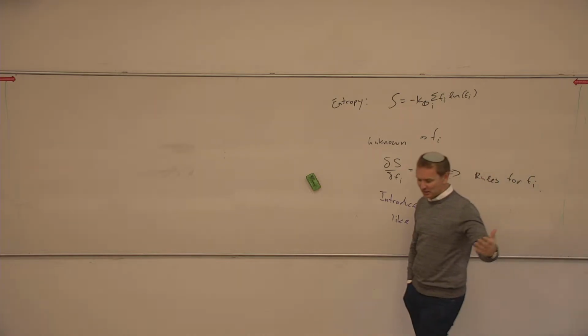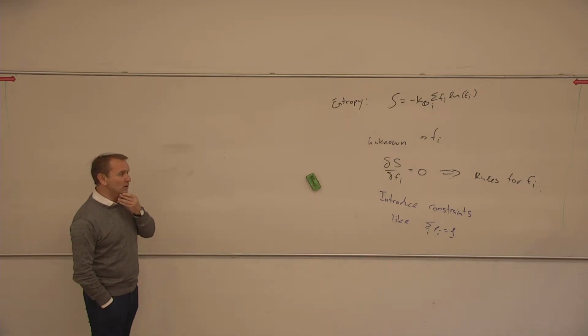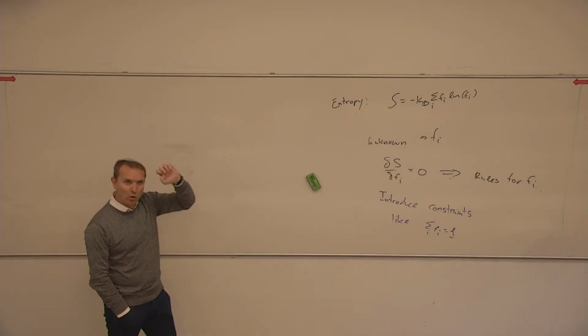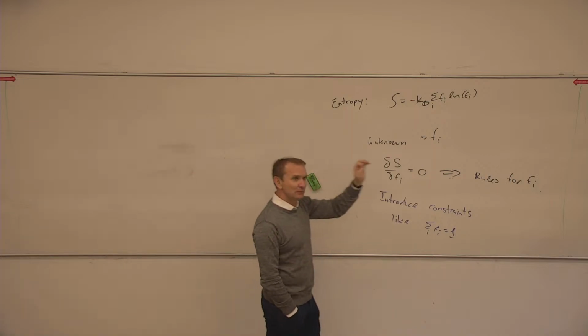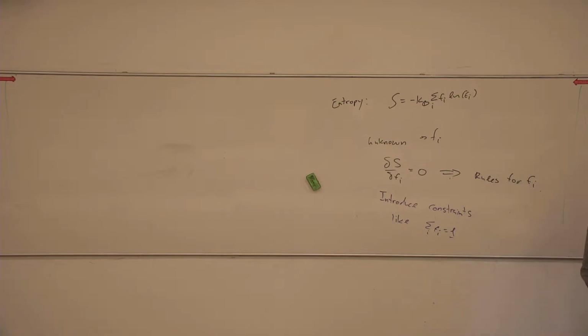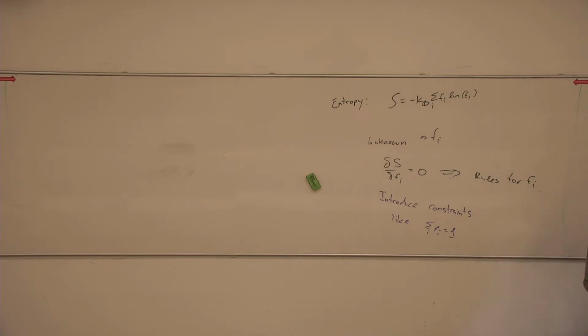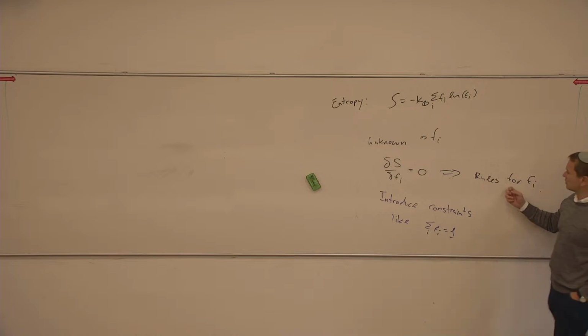Remember, we define an experiment and we put all the different outcomes of the experiment. We attach to all the different outcomes some specific probability, and we normalize everything such that the probability that something will happen has to be equal to 1. So this is a very firm constraint. Afterwards, we just solve the equation and we find our rules for f_i.